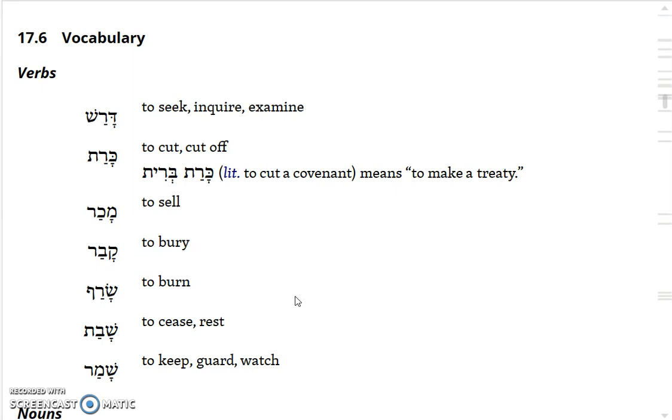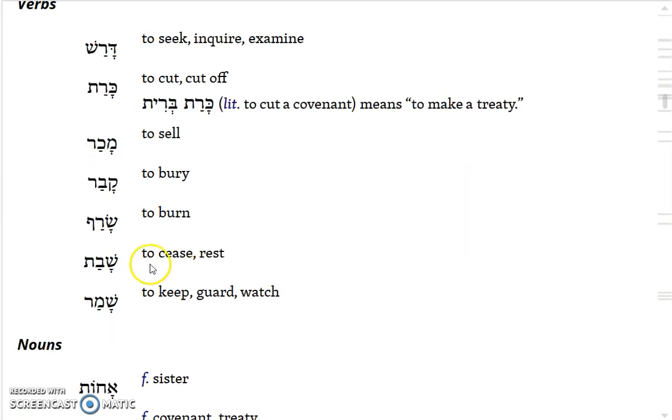Anyway, qavar is to bury. And then you have saraf, to burn. It's related to seraph, the angelic creature that's mentioned only in Isaiah chapter 6, at least by that name. And one interpretation of a seraph is that he is a burning one that is all aglow in fire.